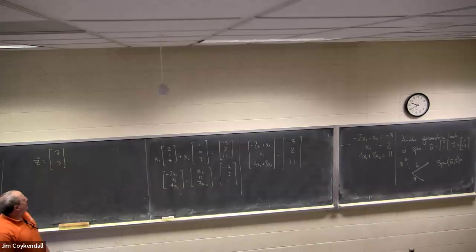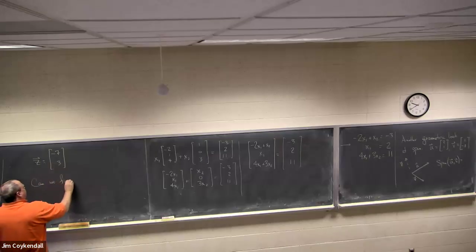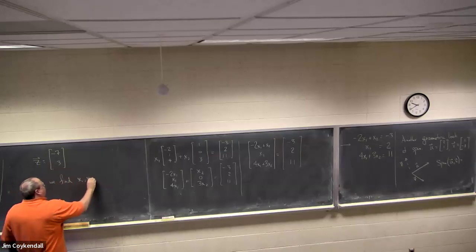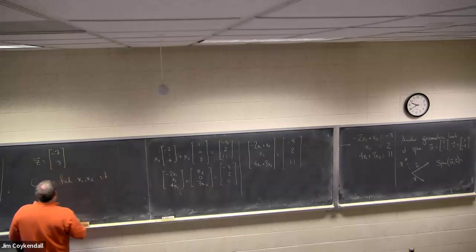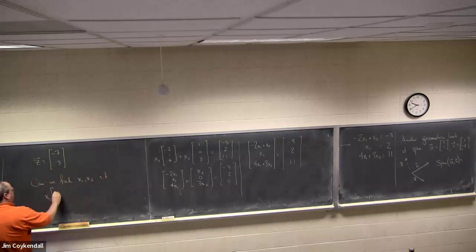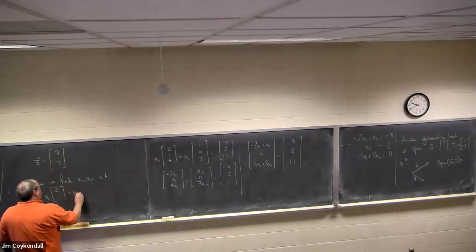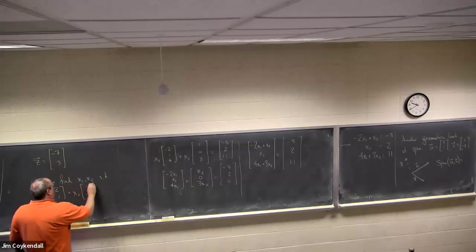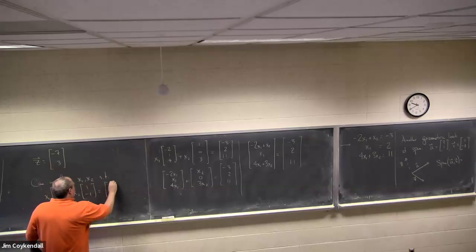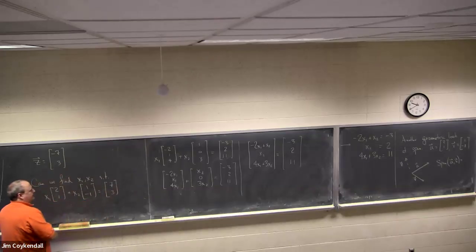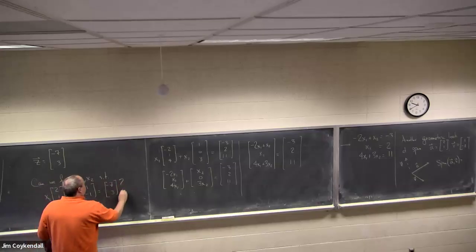Right. Well, my question is, can we get x1 times (2, 1) plus x2 times (1, -1) equal to (-7, 3)?